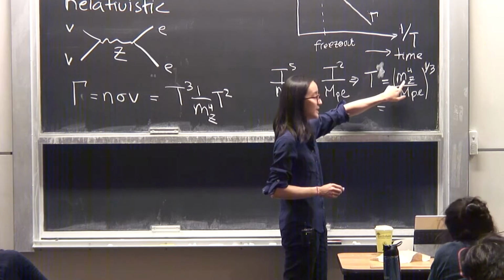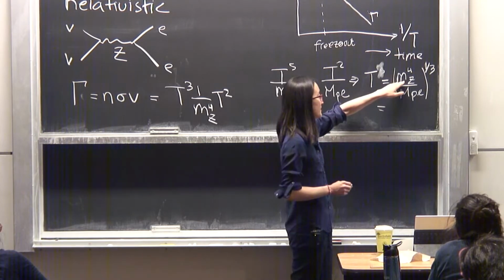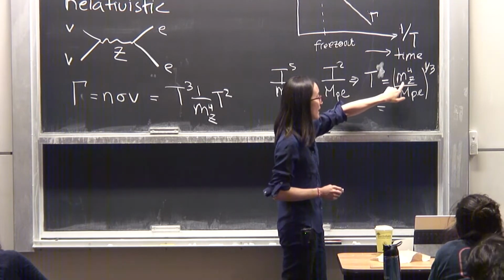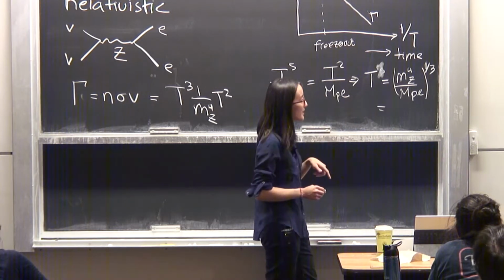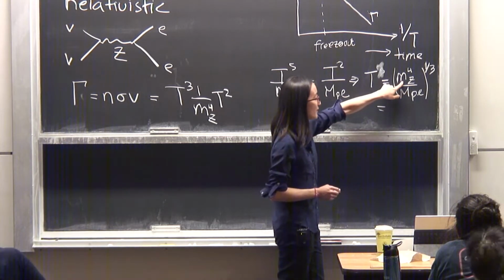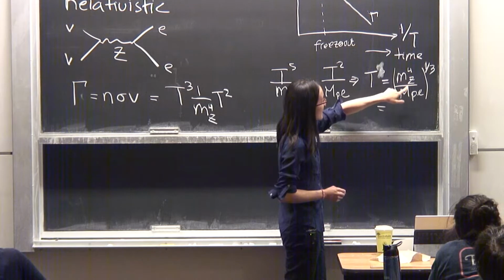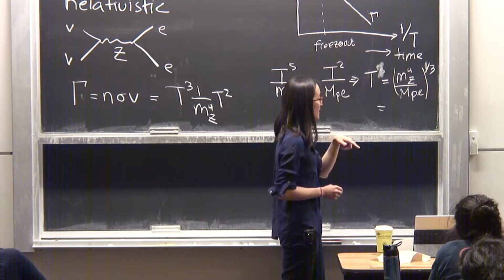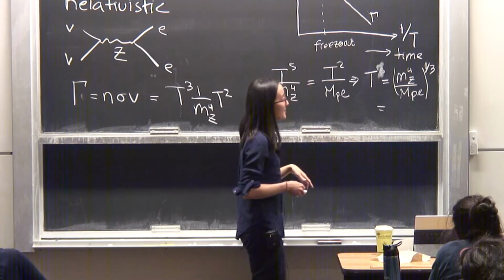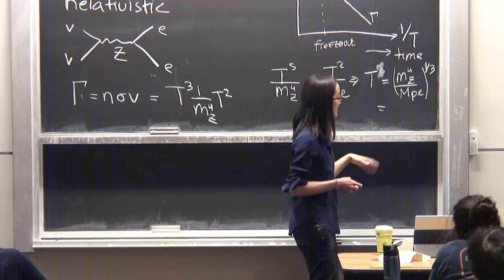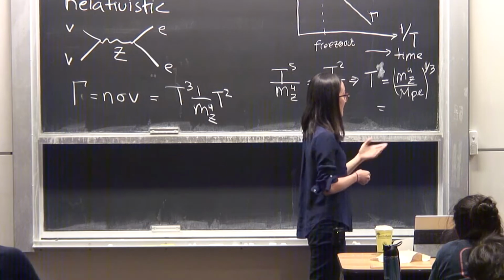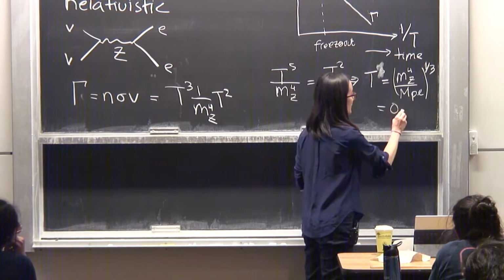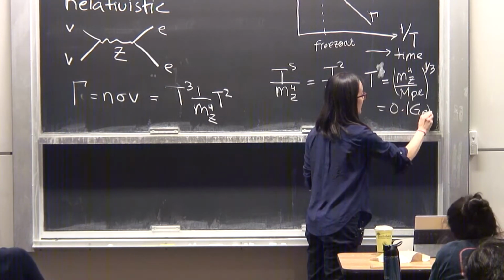It doesn't have to be exactly mZ, but around a TeV to the 4th is about 10 to the 12 GeV to the 4th, or 10 to the 16, and we divide this by m Planck. We'll get of order 10 to the minus 3 or 10 to the minus 4 GeV, and then we take a cube root. It'll be close to 0.1 GeV or so.